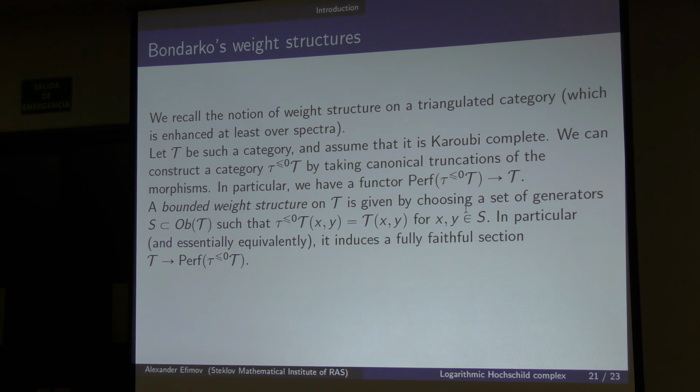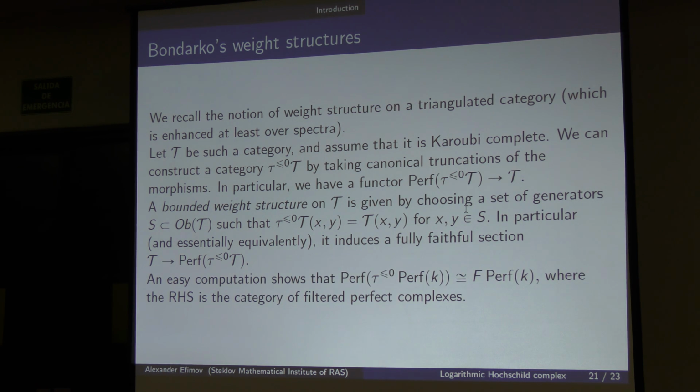And more or less equivalently, we get a fully faithful section from T to these perfect complexes over the truncated category. Also an easy computation shows that if you apply this construction to finite-dimensional vector spaces, then you get filtered finite-dimensional vector spaces. This is just a direct computation.